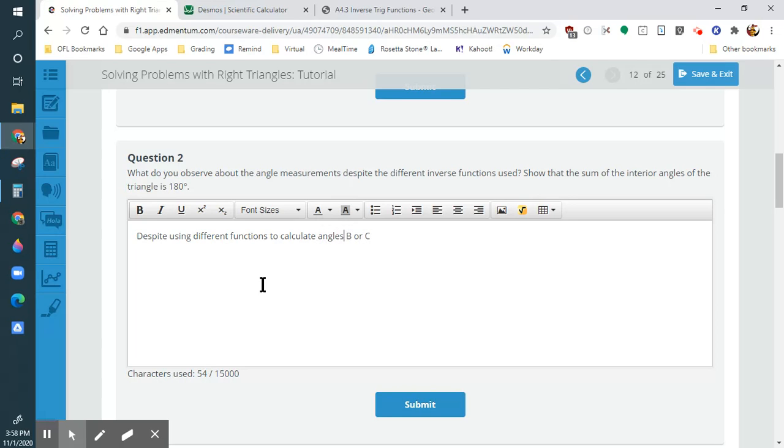Despite using different functions to calculate B or A, all of them have the same result after rounding.